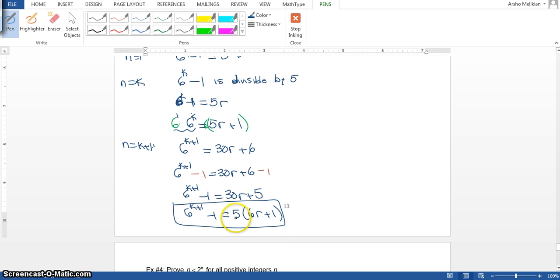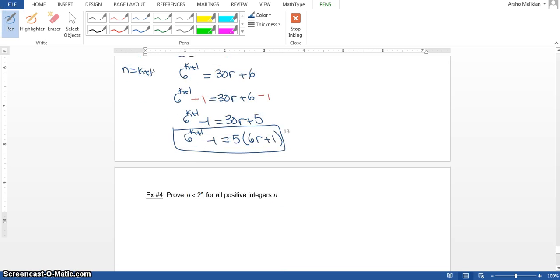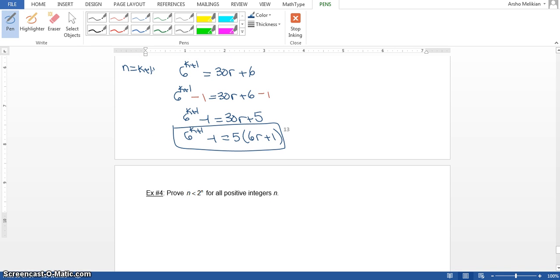And we know that if it's 5 times a number, then that's automatically divisible by 5, right? So that's enough for me to prove that this is divisible by 5. This factor 5 is enough to tell me that my result is divisible by 5. And that's it. I've just proved it for the k step and now for the k plus 1 step.